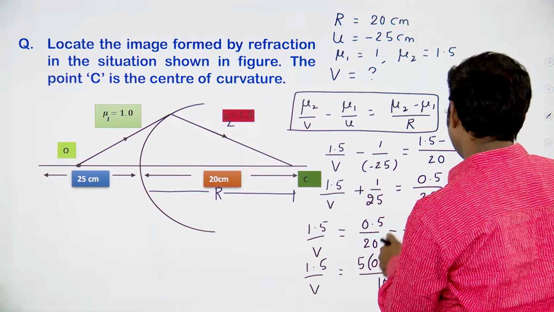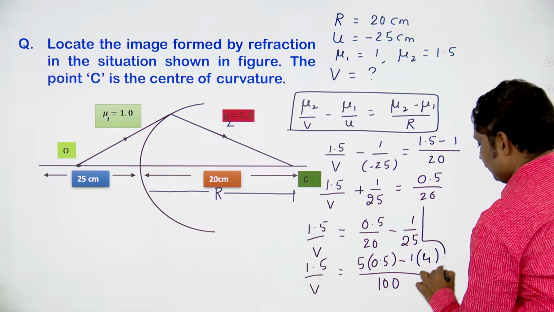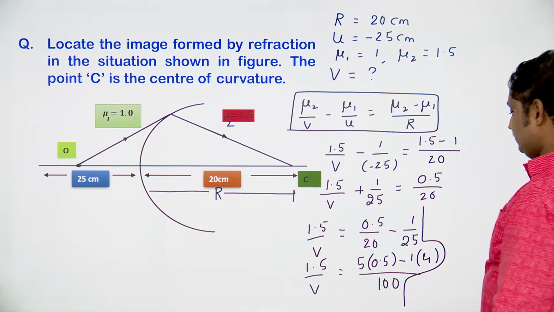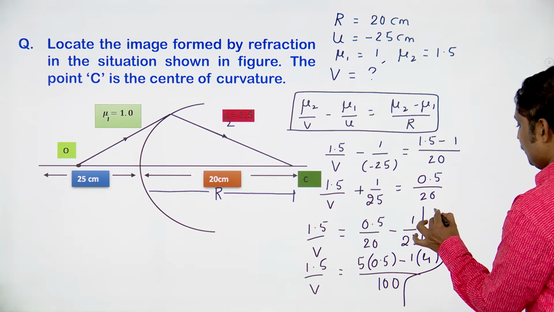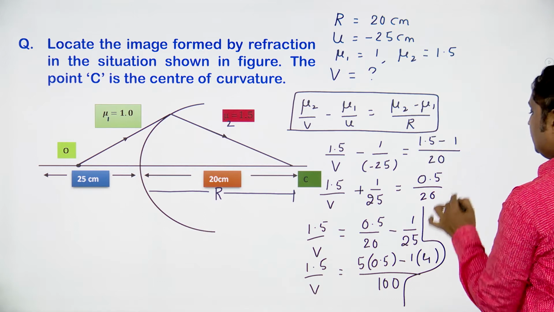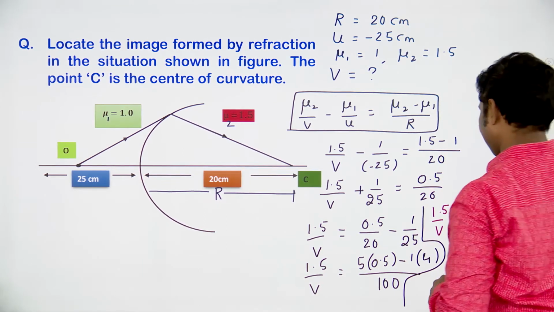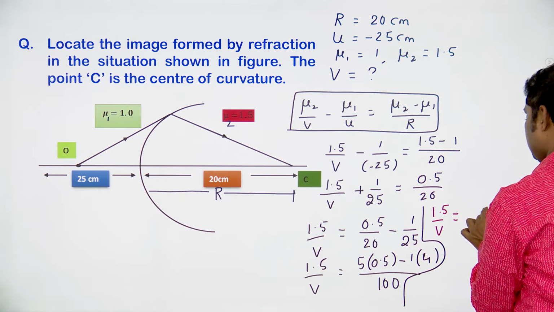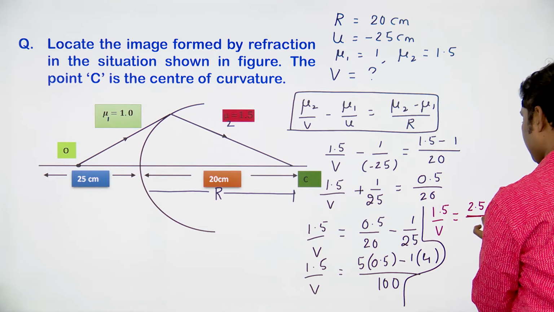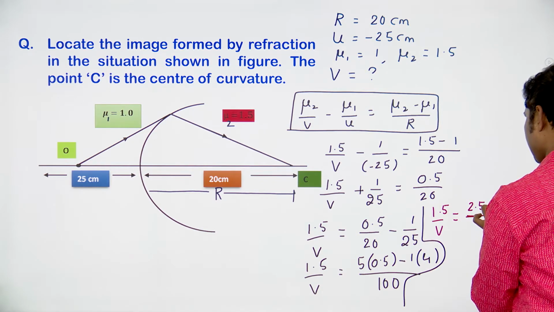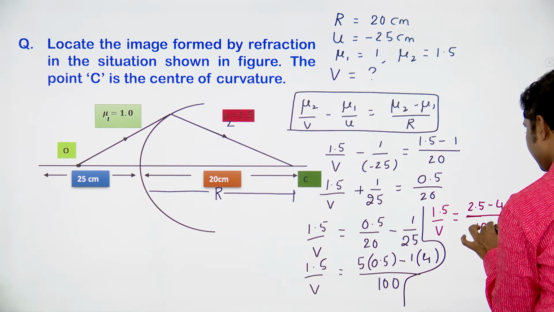All right, now you can easily solve the problem. After getting that, you can solve this one, right? So you are writing that 1.5 by V is equal to 2.5 minus 4 by 100.